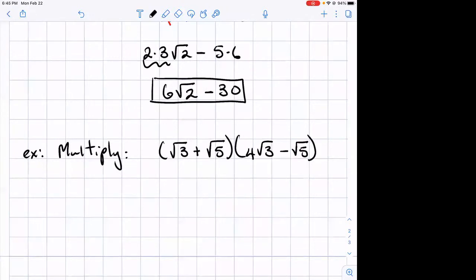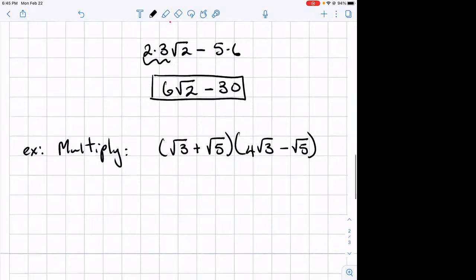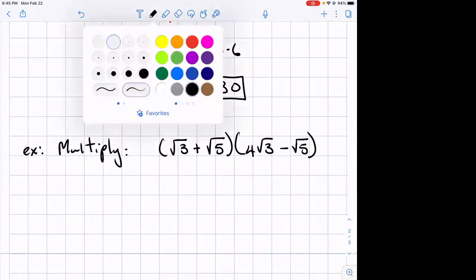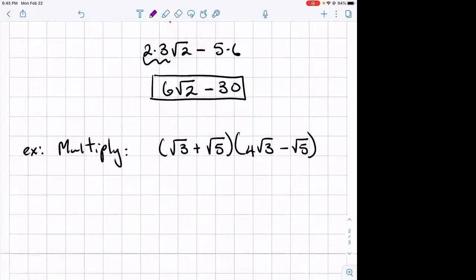So we know that when we have binomials, we generally say we FOIL them, right? So let me rewrite here: the root of 3 plus the root of 5 times 4 root 3 minus root 5.